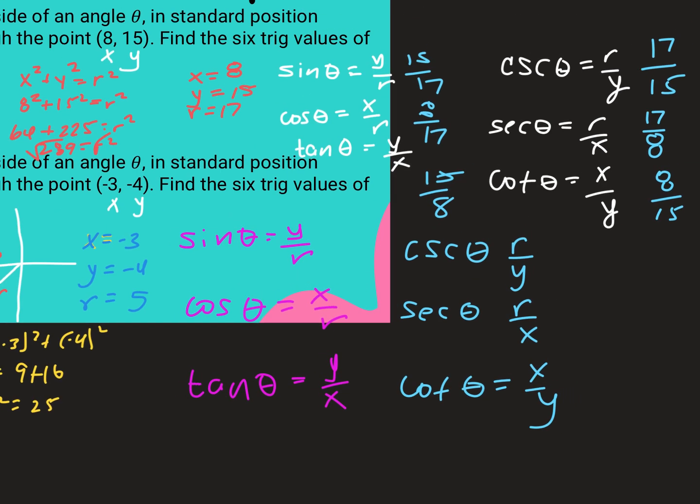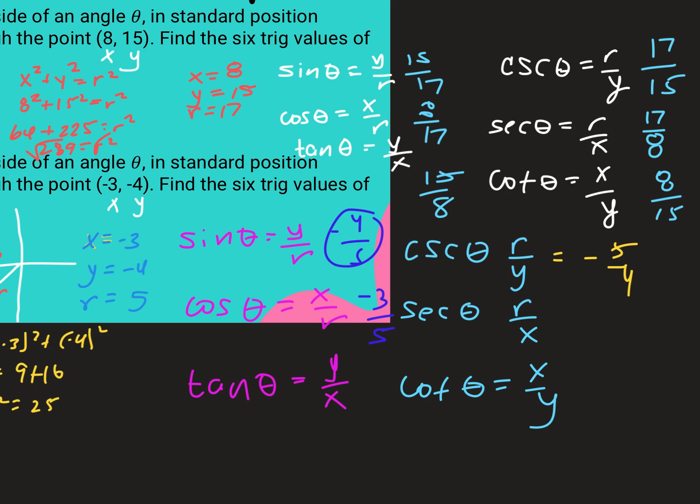And now all we do is fill in the numbers. For sine, put y over r. What do you get? -4 over 5. For cosecant, the reciprocal of sine, -5 over 4. So cosine, x over r, is -3 over 5.